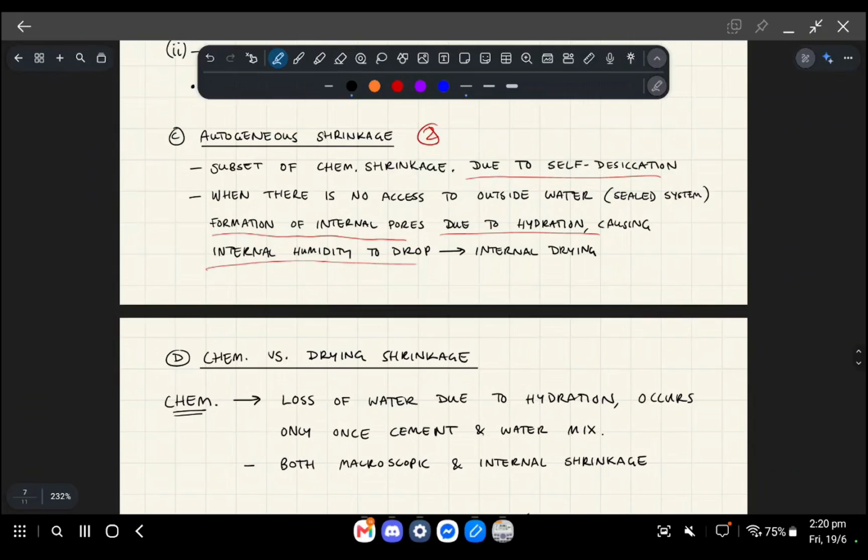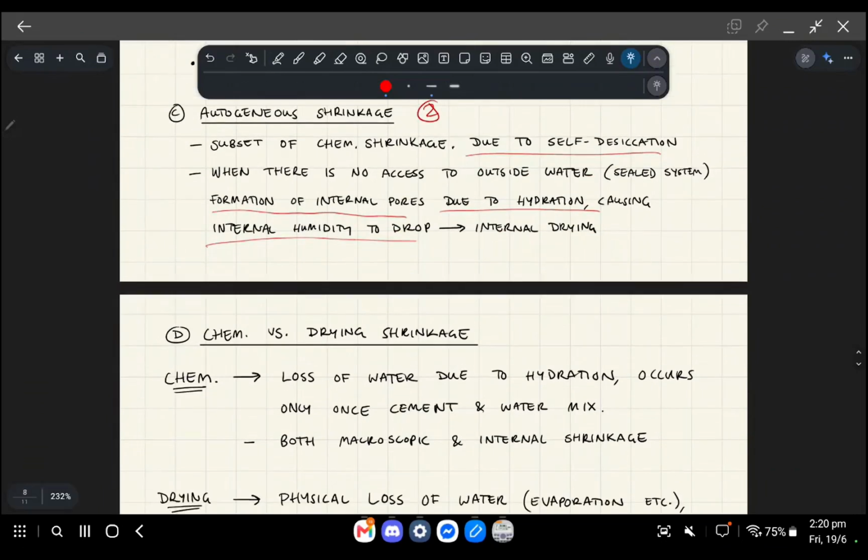In terms of the differences between chemical and drying shrinkage, which I think was kind of what you were asking earlier, Alex: chemical shrinkage is the loss of water due to hydration, and it occurs only once the cement and water mix together. Chemical shrinkage has the macroscopic component and the internal shrinkage component.